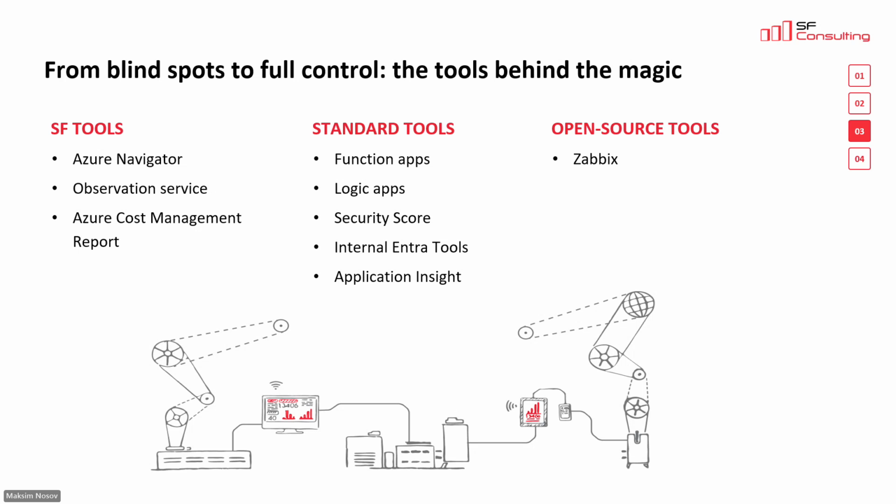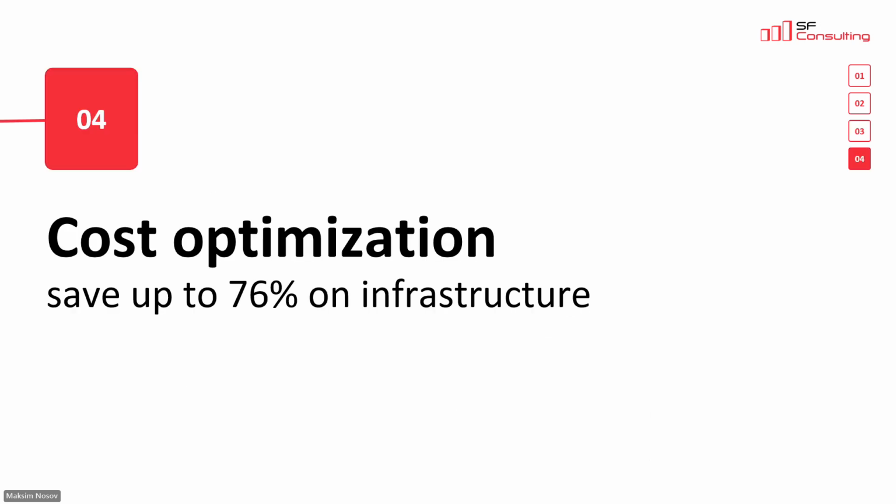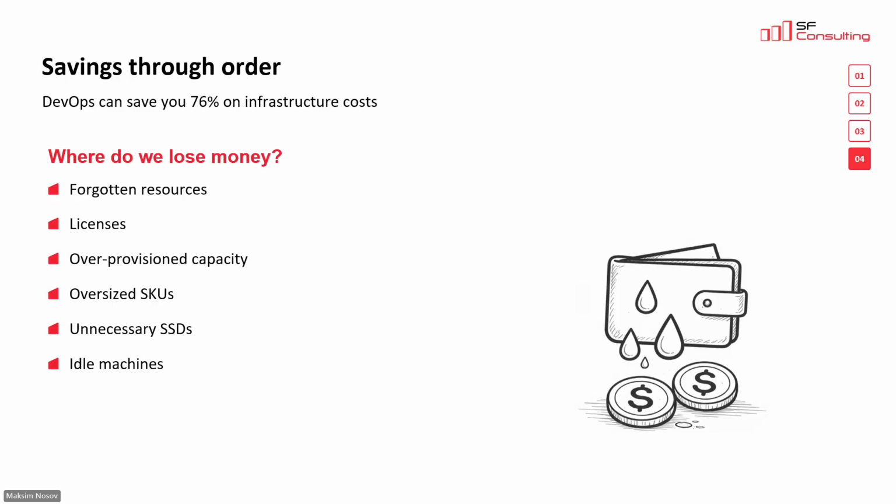And now let's move on to perhaps the most interesting part for the executives. Cost optimization and how we can save money with automation. Have you ever wondered where exactly you're losing money?